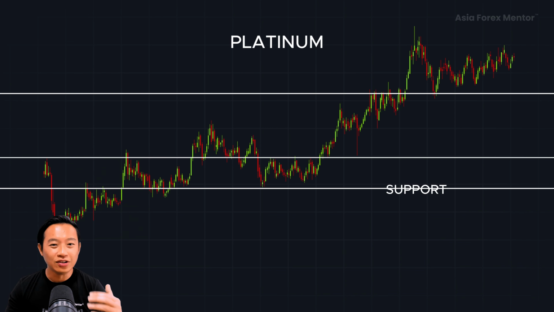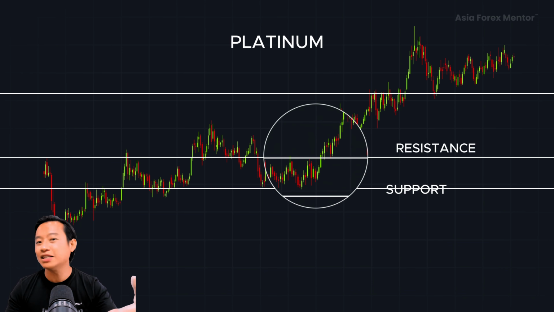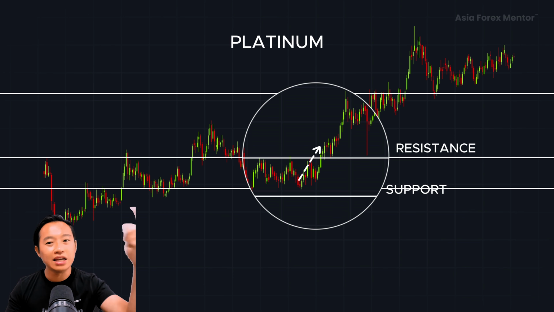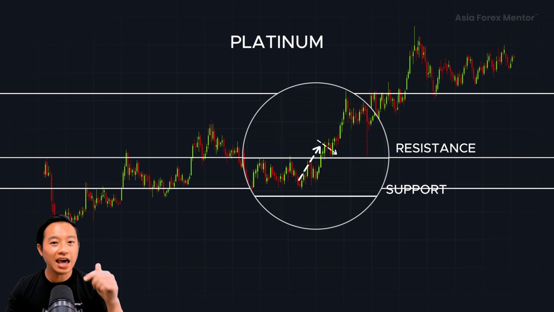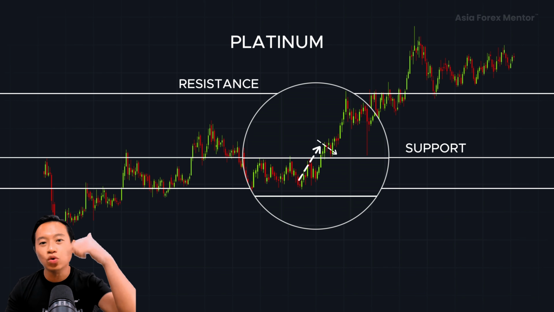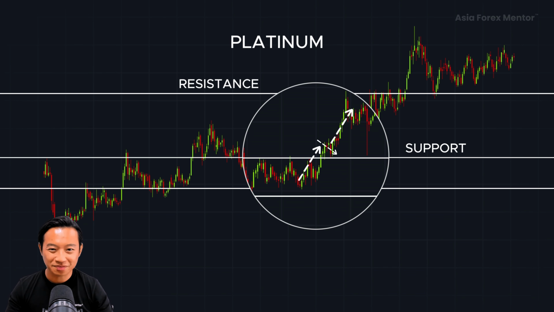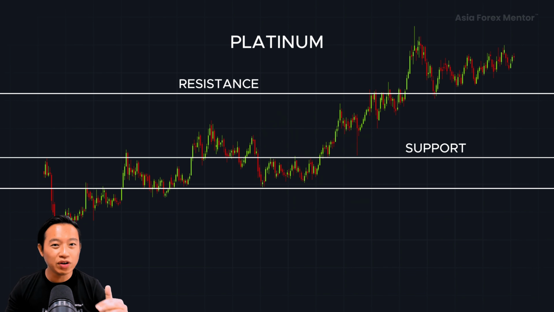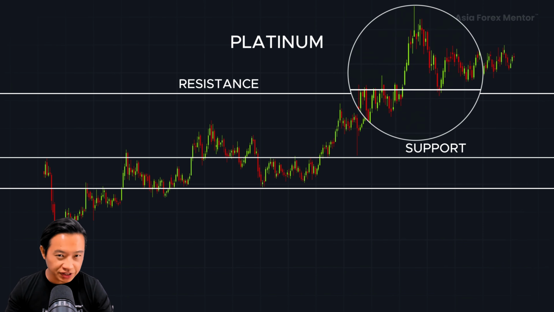Okay, so you can see the same pattern repeats here. Initially, it's an area of resistance, and then when price breaks out of the resistance area, it comes back to retest it as a support before continuing upwards. This area was previously acting as a resistance.